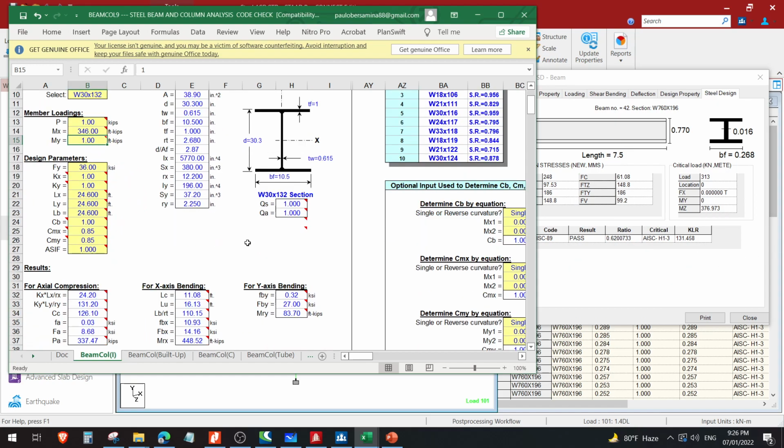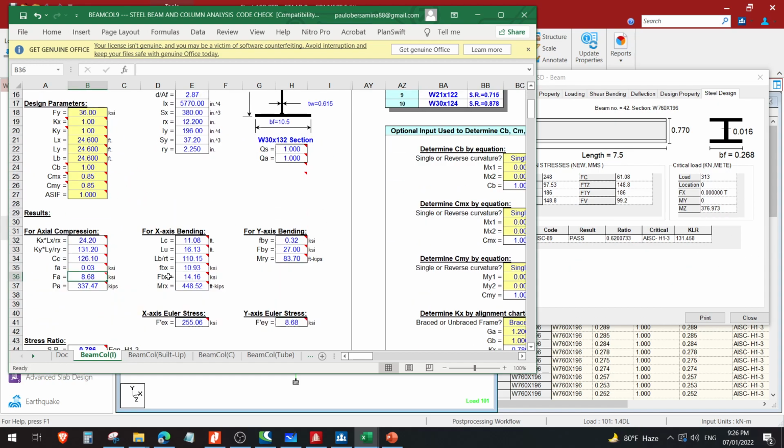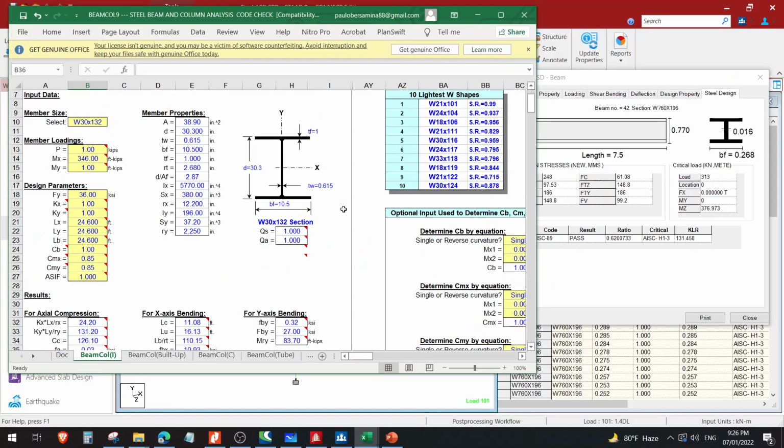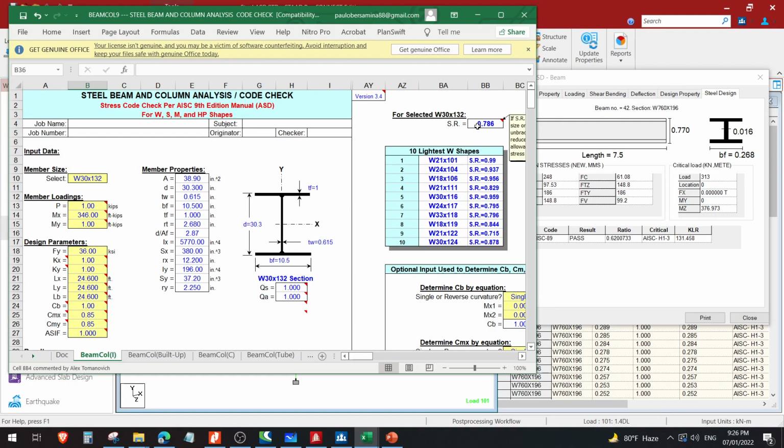And then, makakapag-come up na siya ng allowable stresses. Allowable bending strength, bending sa X, capacity sa Y-axis bending. And from that given value, ang nakuha niyang 0.786. Okay.